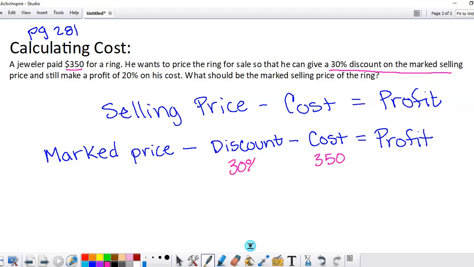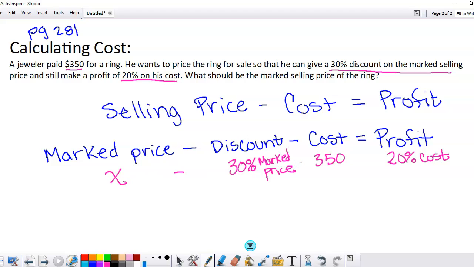It's going to be 30% on the marked price. And he still wants to make a profit of 20% on the cost. Should be the marked selling price. So this marked price is what we don't know.